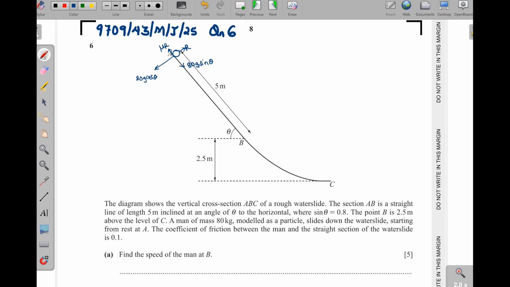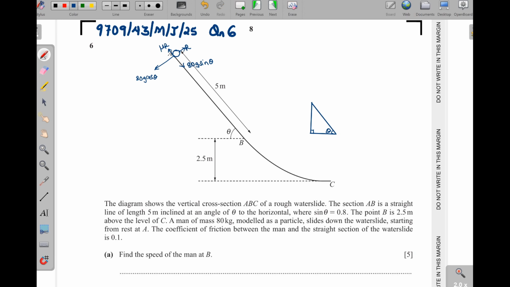All right, now they said find the speed of the man at B. Since there is cosine of theta, I will need to get the value of cosine of theta from this one here. I'll create a triangle here. This is theta. 0.8 is the same as 4 over 5.